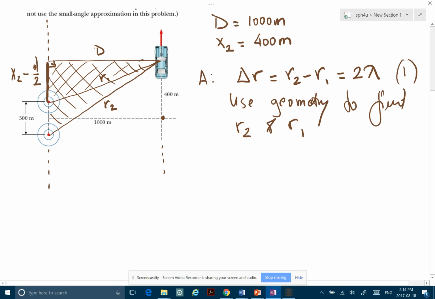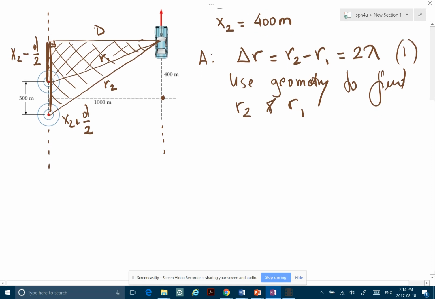Okay. And we can actually put numbers. And the other side for the bigger triangle is x2 plus D over 2. All right. So pretty much you can see we know the sides. We're trying to find the hypotenuse.